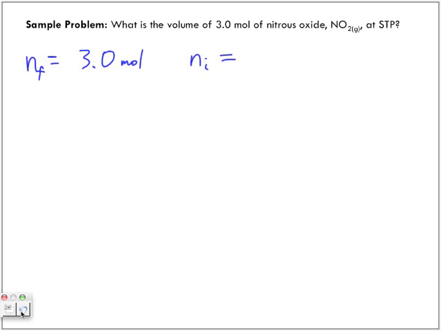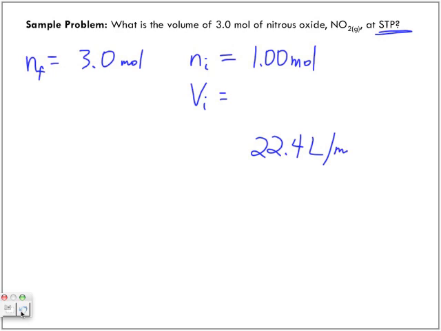So, at STP, what was the molar volume? If we're looking at it, we're going to treat it as if it's 1 mole. Because what is the volume at STP? What did we just calculate? 22.4 liters per 1 mole, right?